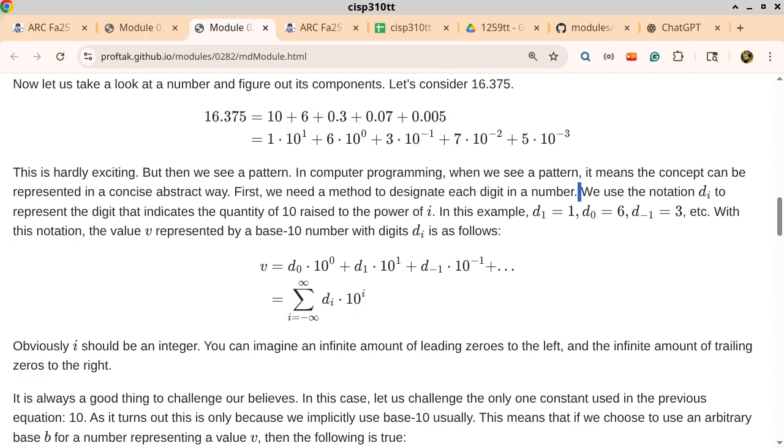Given that is the notation, with a base 10 number, this is how we find the value represented by a base 10 number: we use a sigma notation, summation, where i is going from negative infinity as an integer to positive infinity as an integer, and each term we are adding to the sum is digit i times 10 to the power of i.